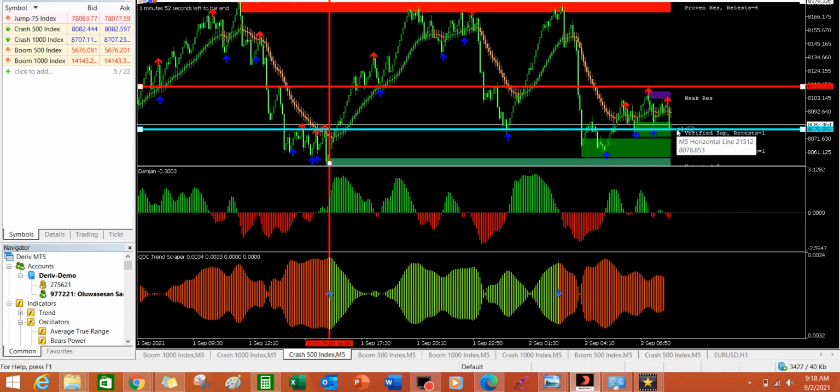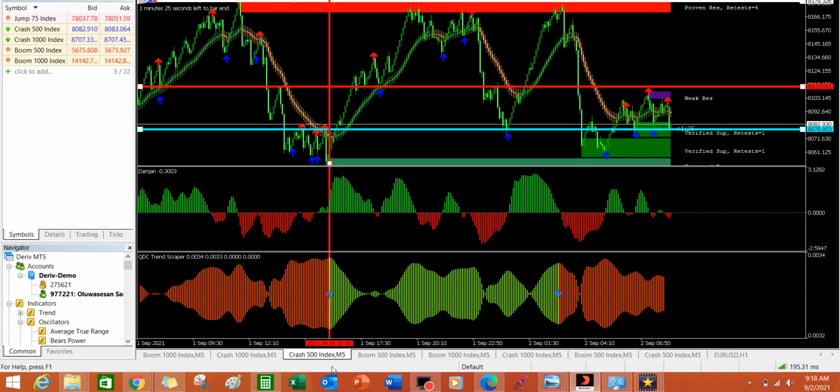We are just waiting to see where this trend will come to an end. Once it comes to an end, you close your trade in 100% profit. And if it reverses back to the extent that it gets to this stop loss, then it will close your trade for you, keeping this profit in your balance. Okay, so that is the way it works.